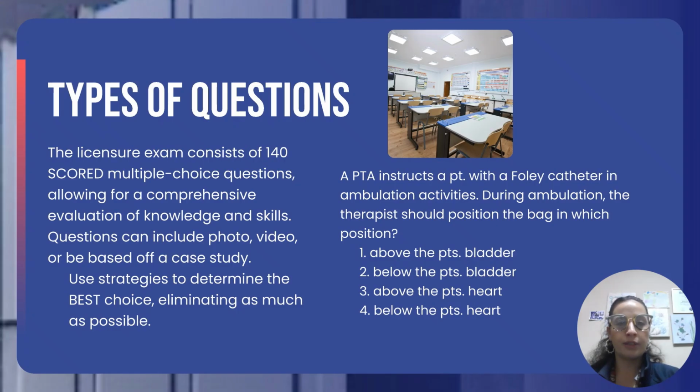A lot of times it's about a word or something specific you have to notice that will let you know that this is the best answer. This is the most correct, okay? So in order to do that, you have to know those strategies to handle multiple choice questions, okay?